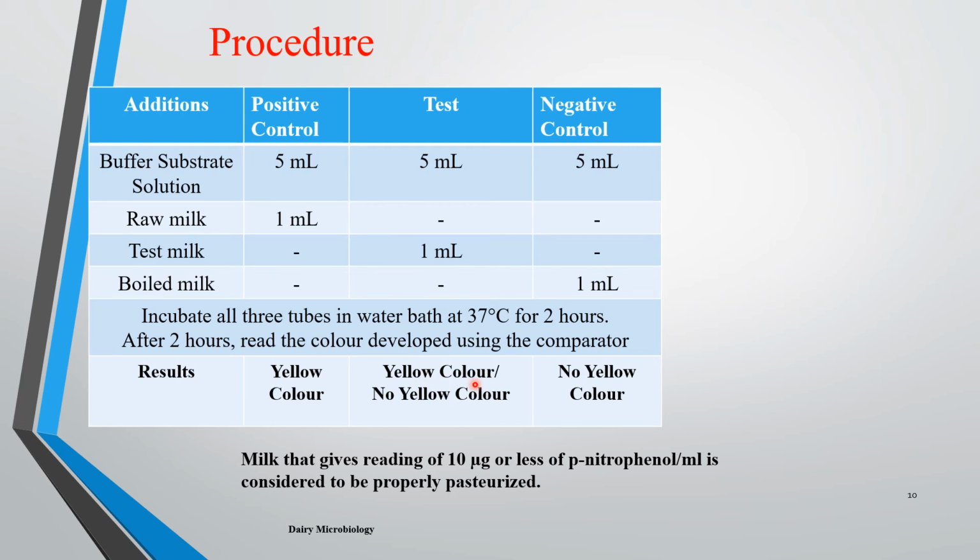If yellow color will be developed, then it will indicate that that milk contains the phosphatase enzyme, means that milk is not properly pasteurized.